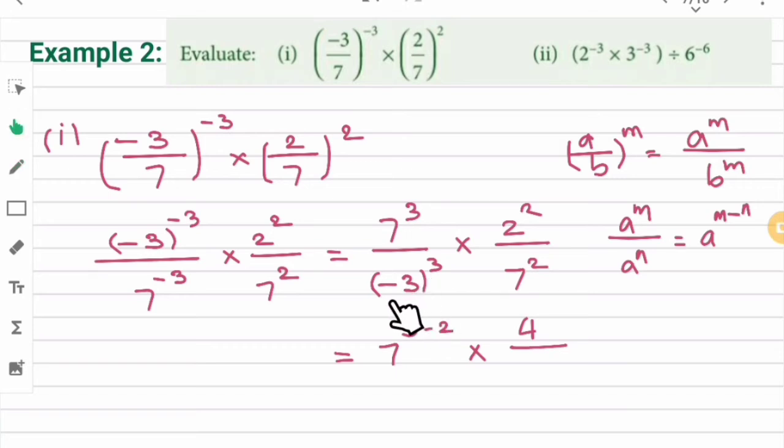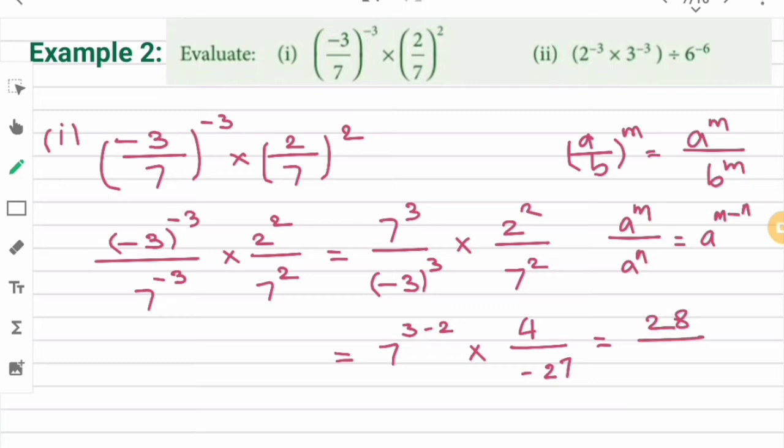That is minus 3 is multiplied how many times? 3 times. So what will be your answer? Minus 27. 3 into 3 into 3. Okay. And then 3 power 1. 3 minus 2 is 1. So 7 into 4. 7 into 4, shall I write it as 28?